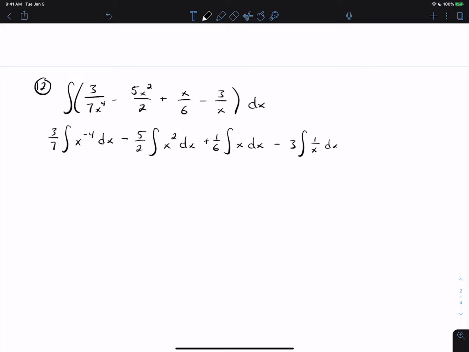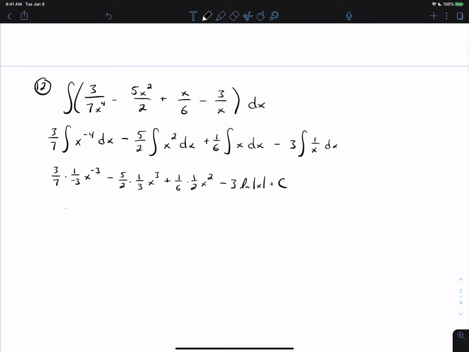Okay, now we can do the antiderivative of each part. So we apply the power rule to the first one and get 1 over negative 3x to the negative 3. We apply the power rule again and get 1 over 3x to the 3. We get 1/2 x squared here, but on the fourth one we get natural log absolute value of x plus c.